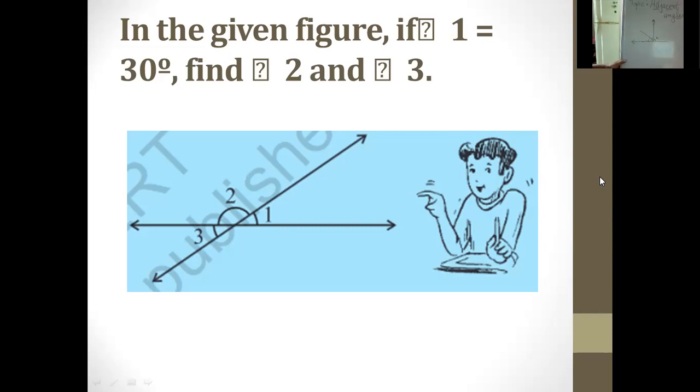First of all, we would be looking for angles. First of all, we would be drawing this image. They said if angle 1 is 30 degrees, they have given us the angle that is 30 degrees. Let us draw it here.